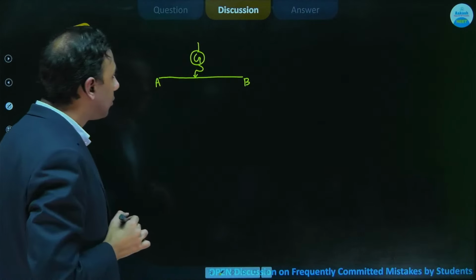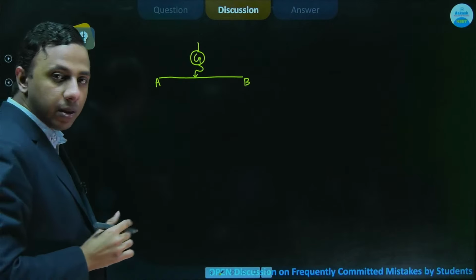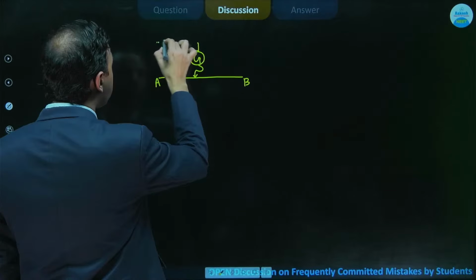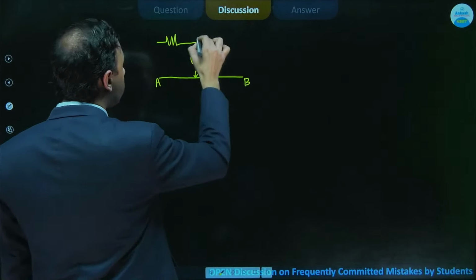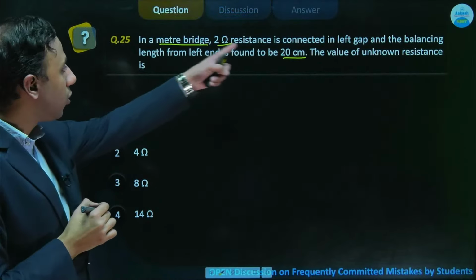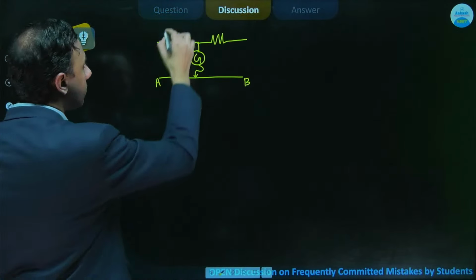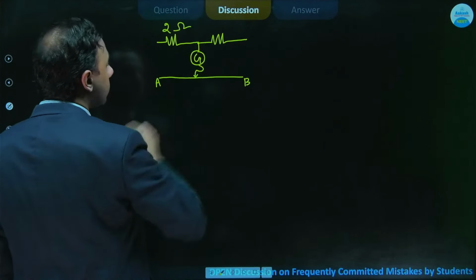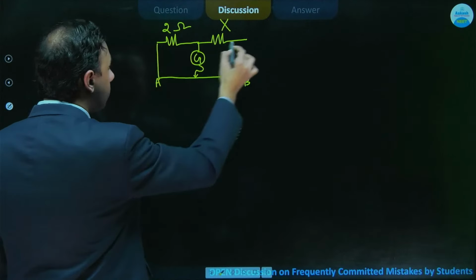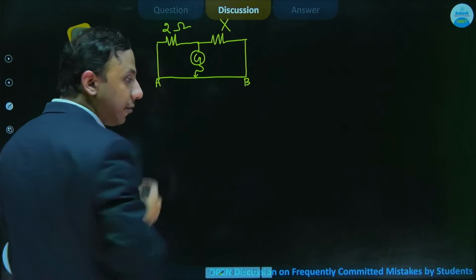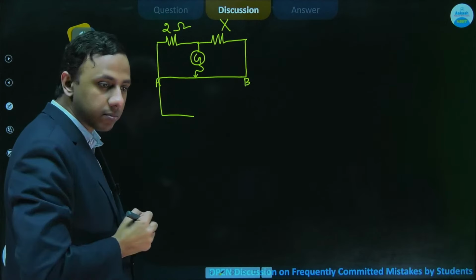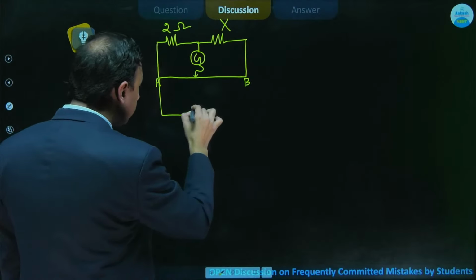Using the galvanometer we check where the balance point is obtained. This is the first resistance, 2 ohm, connected in the left gap, and this is the unknown resistance, let's call it X. Obviously you have the battery supplying the potential difference.